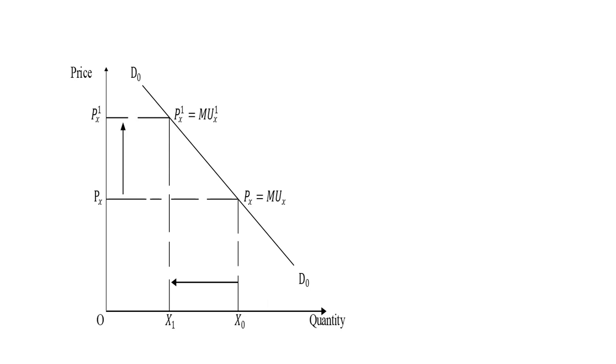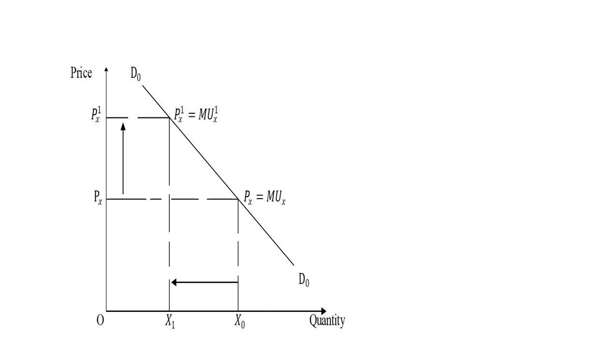When the price goes up to Px prime, then quantity demanded decreases from x0 to x1, and for the equilibrium to be restored, P prime x should be equal to marginal utility prime x. So that is the new equilibrium. So you can see that as price of the commodity goes up, the quantity that must be consumed should decrease in order for the consumer to restore the initial equilibrium.